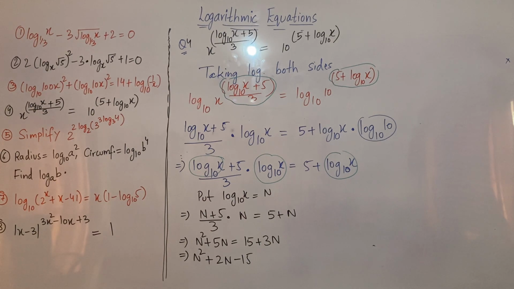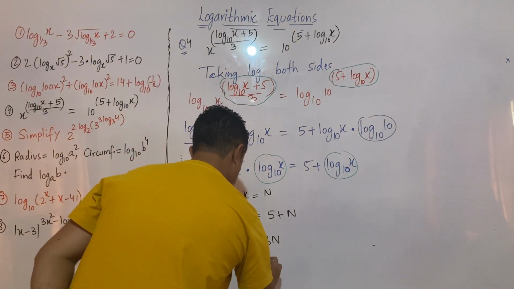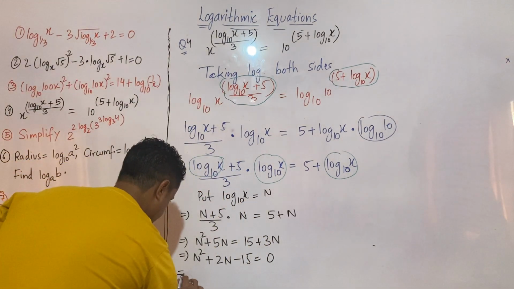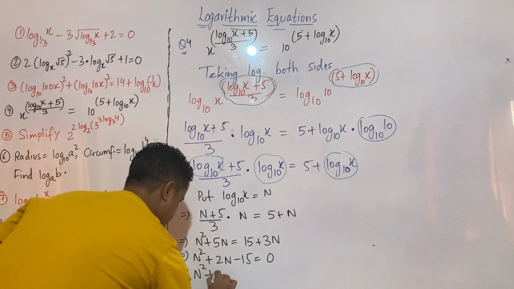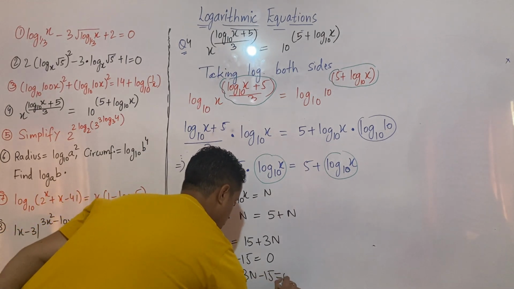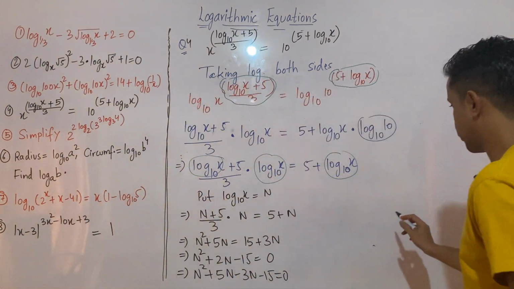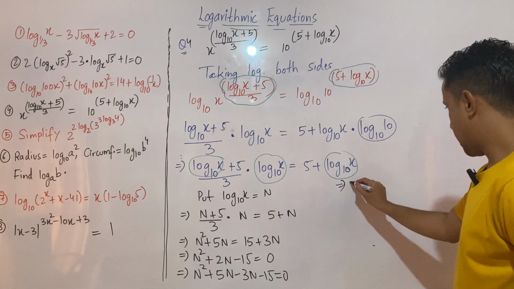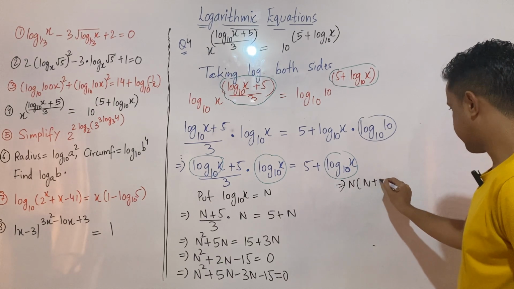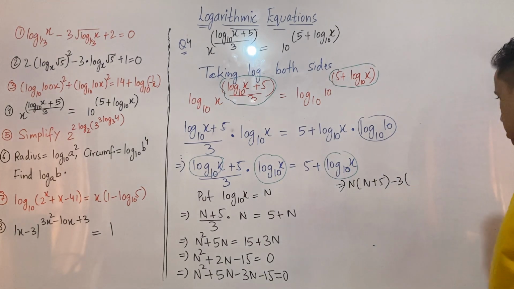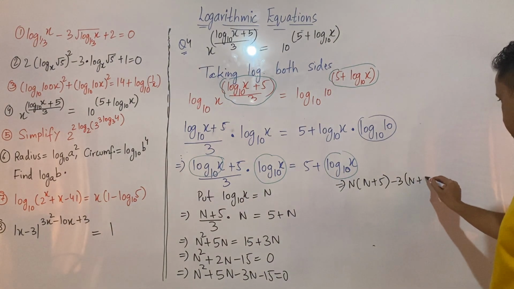Now, can we split the middle term? I guess yes. n square plus 5n minus 3n minus 15 equal to 0. So take n common, n plus 5, and from here minus 3 common, and here n plus 5 too.